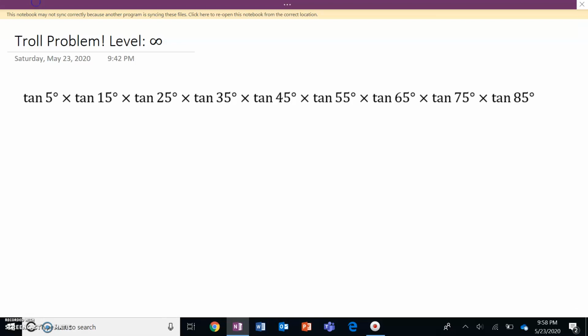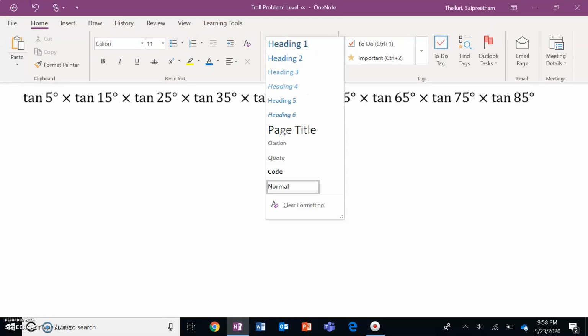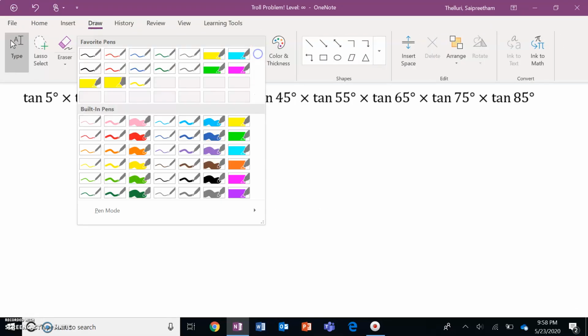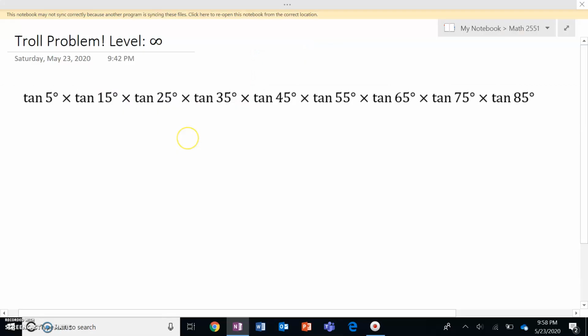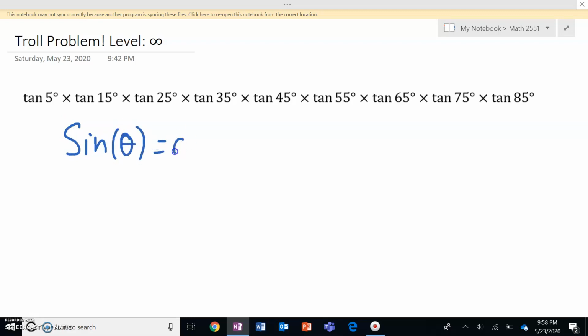But before we go to the tangent, let me just highlight how sine and cosine are really related. I know some of you out there might be saying, hey, the derivative of sine is cosine. But there's something way simpler than that. Sine of theta is equal to the cosine of 90 minus theta.